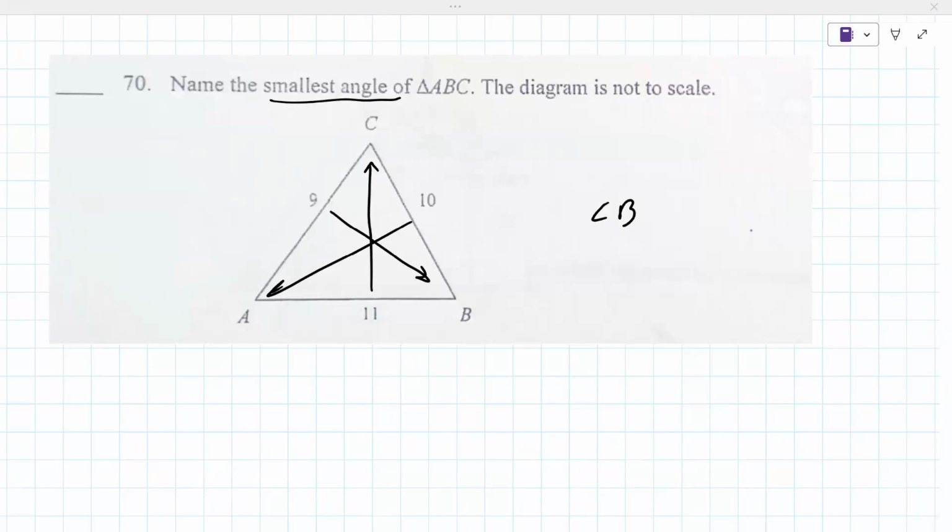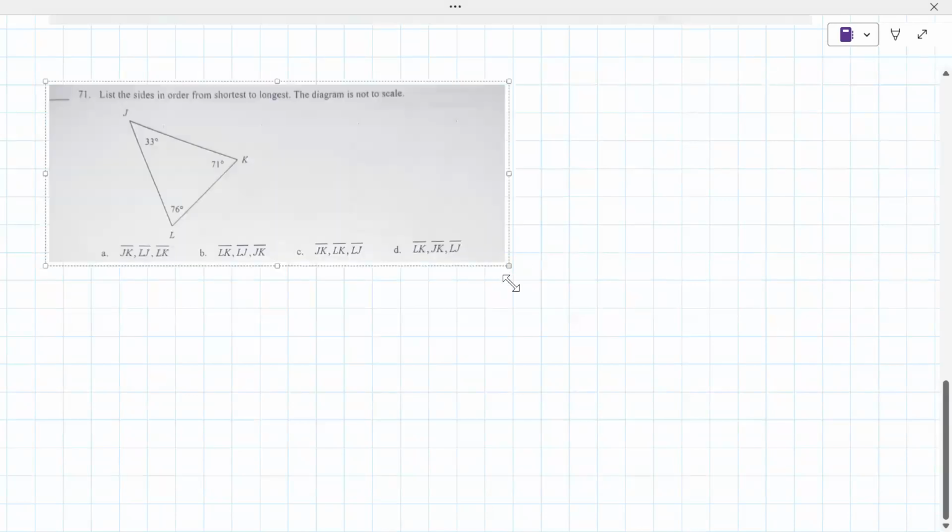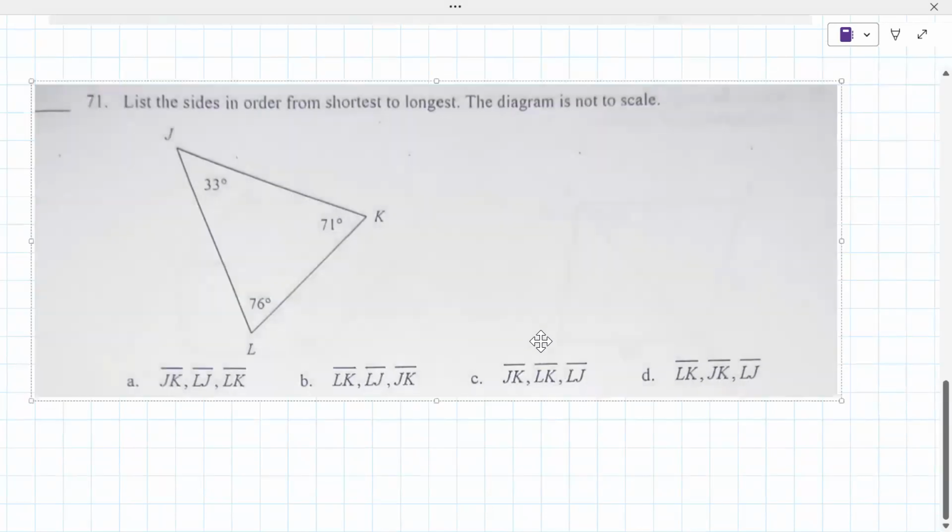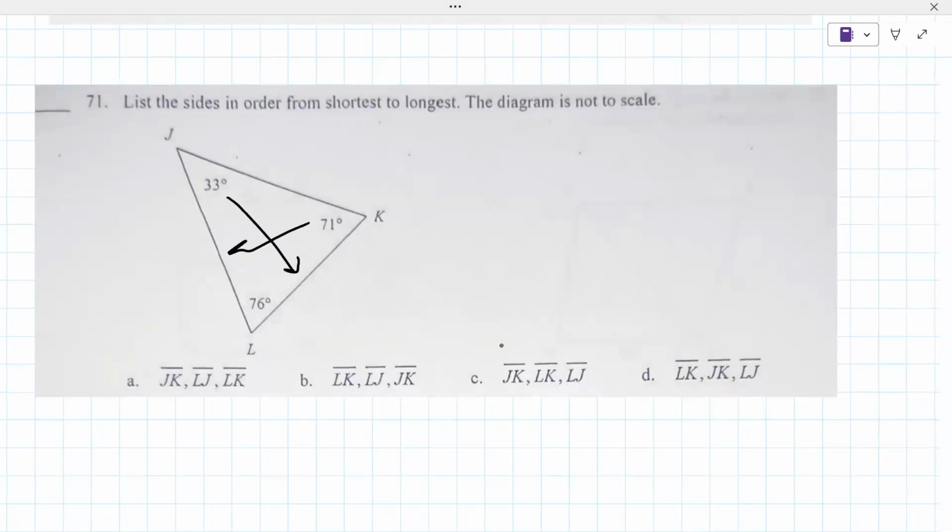And the same thing goes in reverse, or they call it the converse. The smallest angle is across from the smallest side. Again, it's kind of like that. I like drawing the arrows to help. See if you can come up with the correct answer there, please.